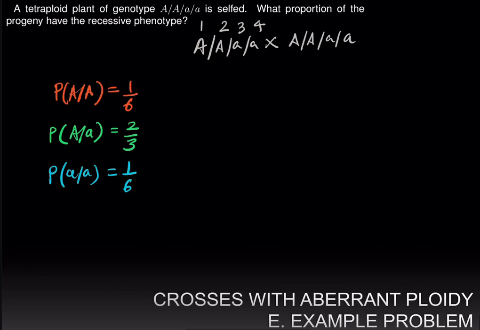Now, in order to have the recessive phenotype, you have to have all little a alleles, all recessive alleles, since the general assumption in such problems is that even one dominant allele will give you the dominant phenotype.